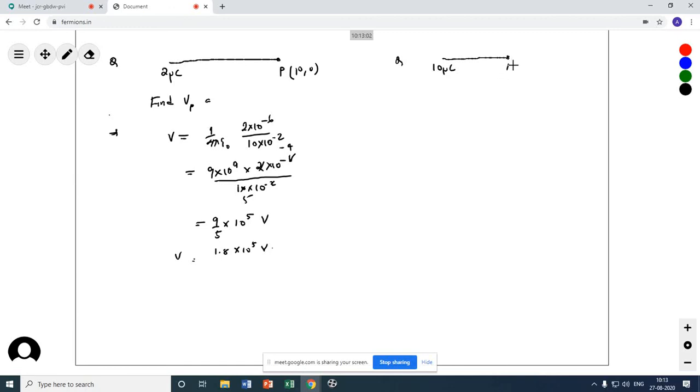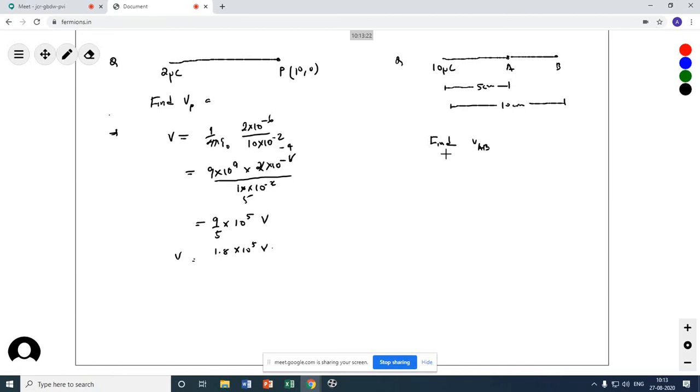This point is A, at a distance of 5 centimeter, and I am considering another point B, which is at a distance of 10 centimeter. So what is the potential difference? Find VAB.